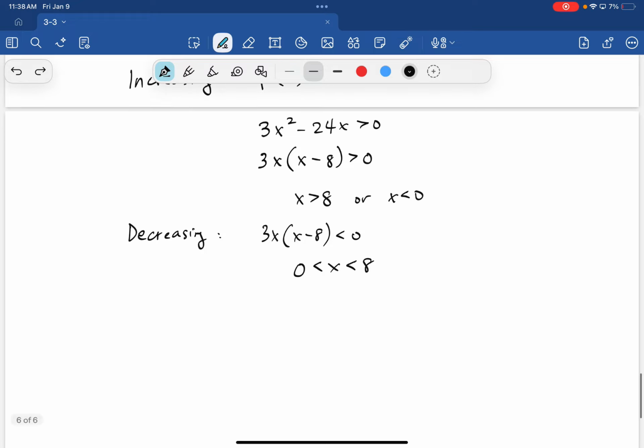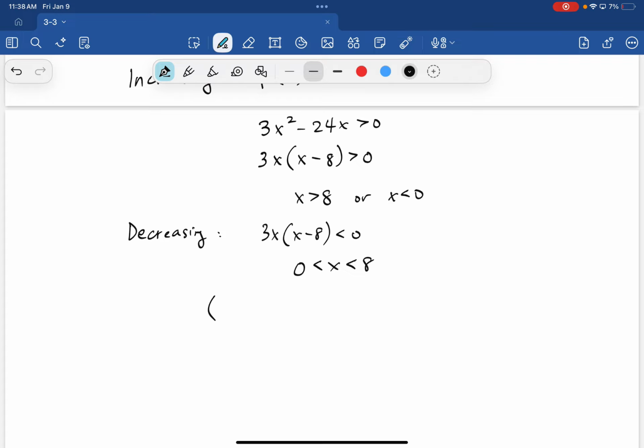So this allows us to write a little table, okay? And this might be helpful for you guys. We're going to write a table and indicate where it's decreasing and where it's increasing. So in this table, we're going to first have the first interval, which is negative infinity to 0, right? That's this one, when x is less than 0.